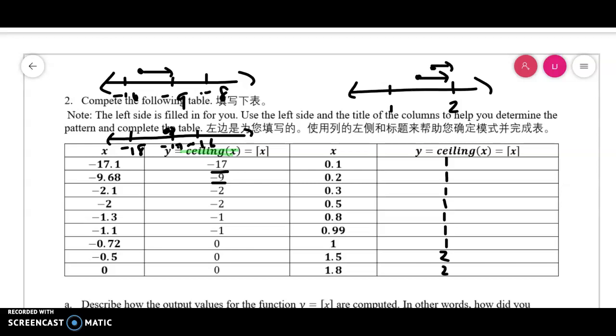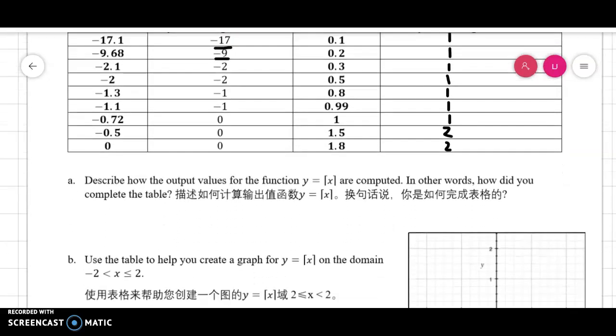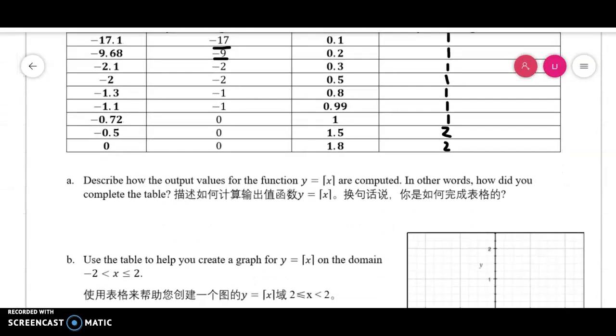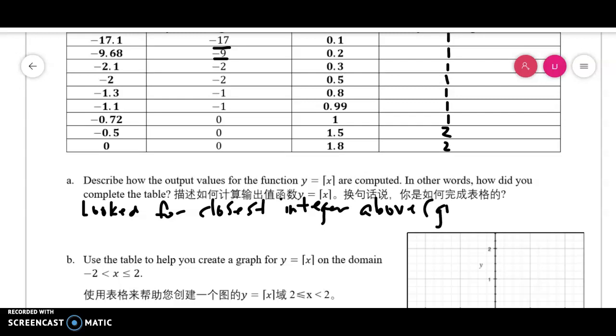So there are the answers to your starter from yesterday. And that is how a ceiling function works. We looked for the closest integer above or greater than the given x.